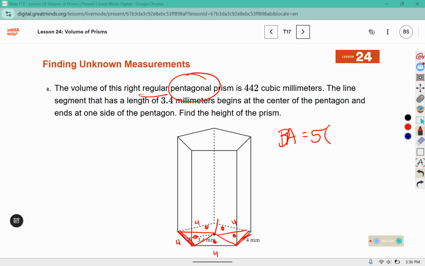We have a 4 by 3.4 triangle, and triangles get divided by 2. So do 4 times 3.4 and divide that by 2, which is 6.8, and multiply by 5 to get the whole pentagon.